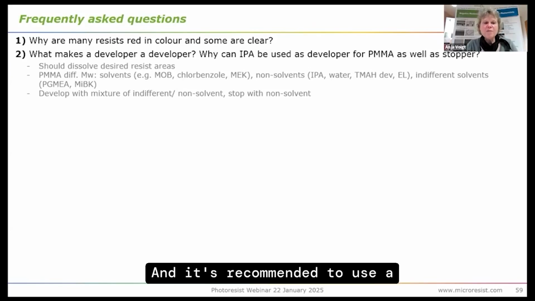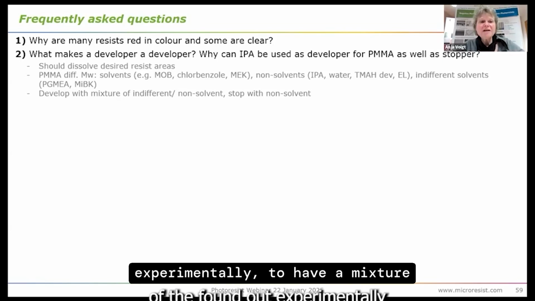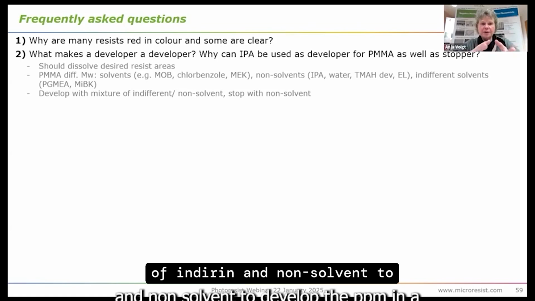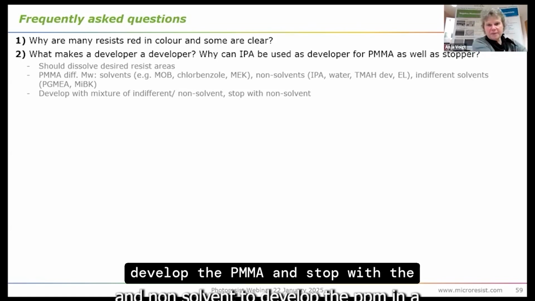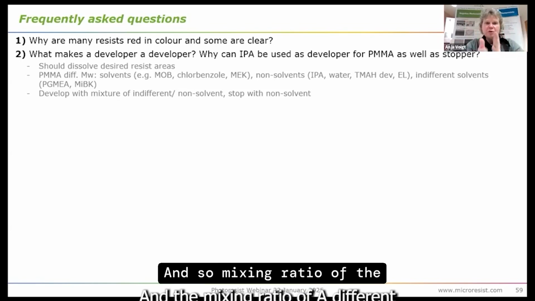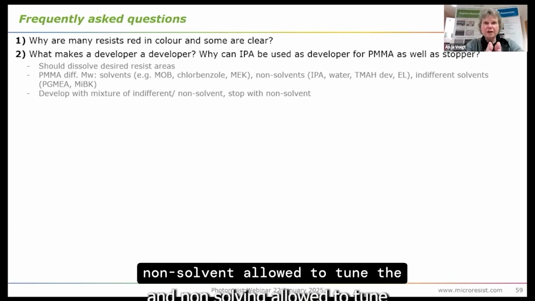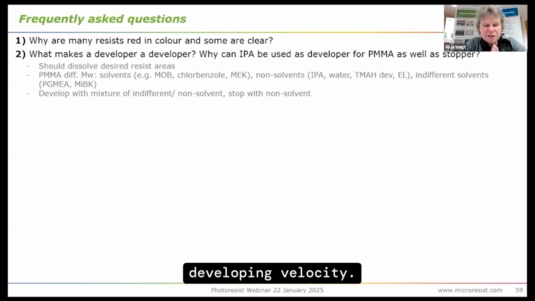It's recommended, or they found out experimentally, to use a mixture of indifferent solvent and non-solvent to develop the PMMA and stop with a non-solvent. The mixing ratio of indifferent solvent and non-solvent allows tuning the developing velocity.